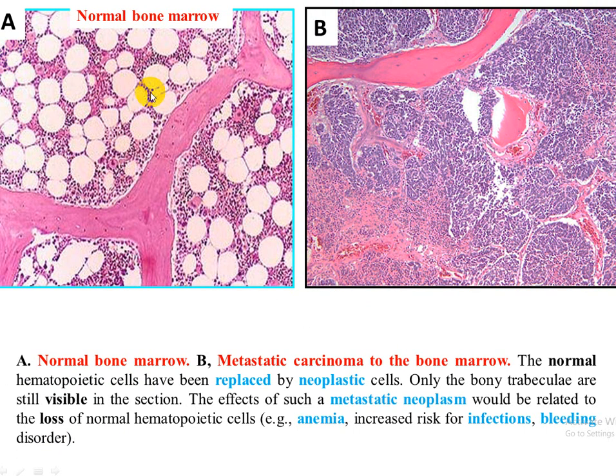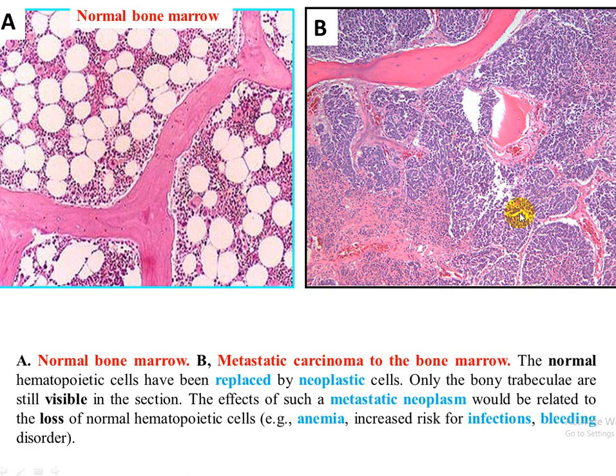Figure A illustrates the normal structure of bone marrow containing normal bony trabeculae with other normal hematopoietic tissue, fatty globules, and hematopoietic tissue indicated by large megakaryocytes and other lymphoblasts, myeloblasts, and erythroblasts.